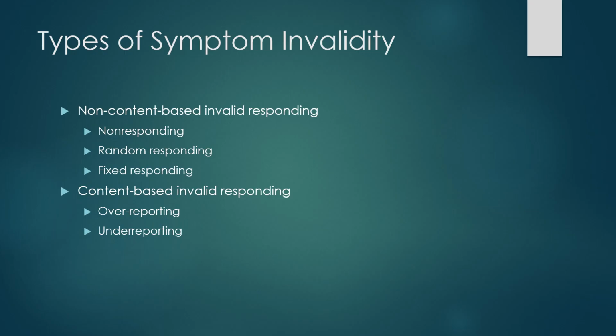So with performance validity, we're really only concerned with the patient appearing worse than they truly are. With symptom validity, we need to be concerned with both possibilities, that the patient is either trying to appear better than they actually are, or that they're trying to appear more impaired than they actually are.